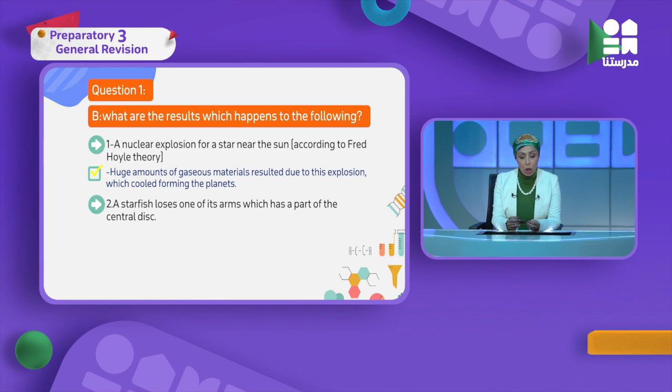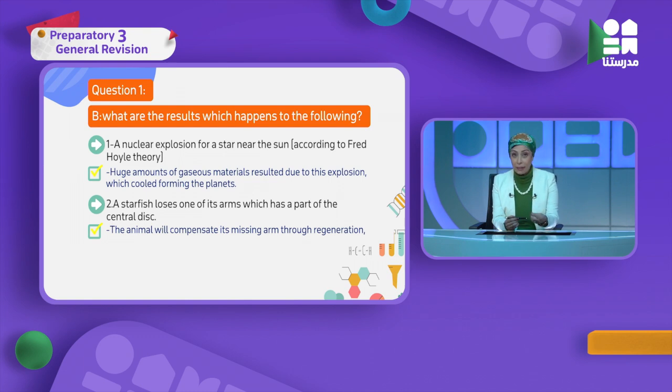A starfish loses one of its arms, which has a part of the central disk. What happens, or what is the result, when the starfish loses a part of it from the central disk? I said from the central disk because it's the growing area, the part responsible for growth of any missing part. So what happens? Of course, the animal will compensate its missing part.